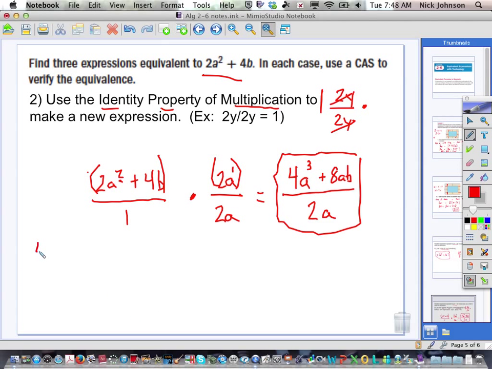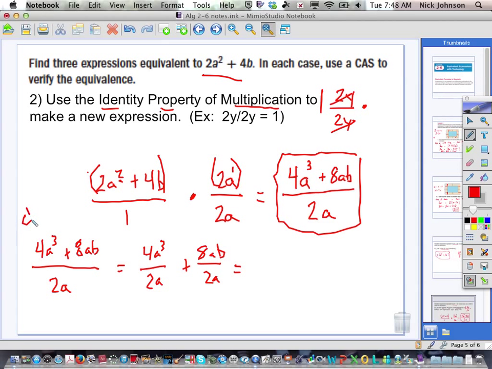I can check myself simply by either graphing it or by doing my math right here. If you remember, when we divide, I have to divide both things. So it's 4a cubed divided by 2a plus 8ab divided by 2a. All I'm doing is checking myself. 4 divided by 2 leaves me with 2.